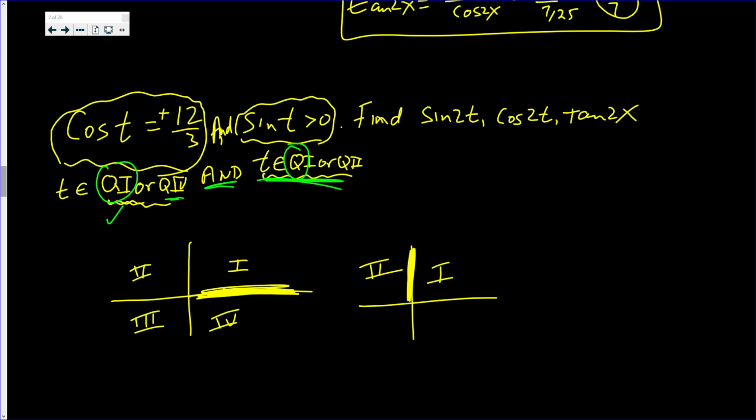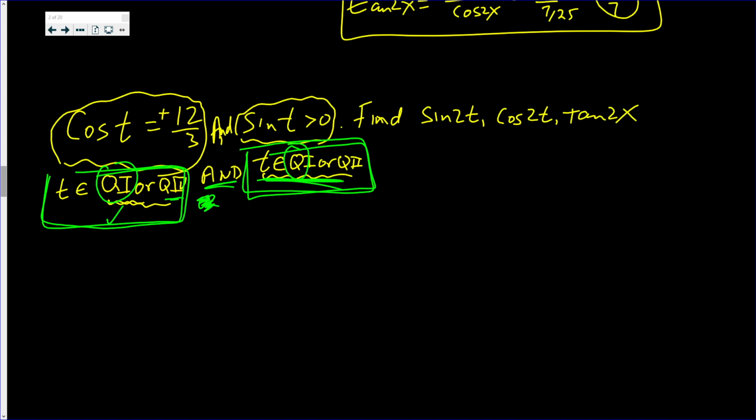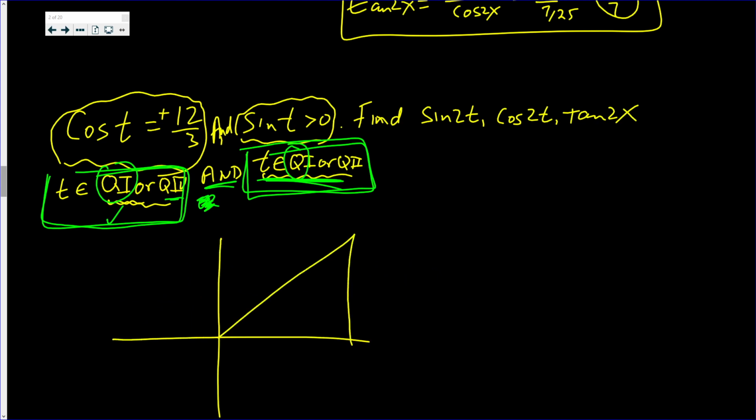For and to be true, this must be true and this must be true. Or is different. Or means one of these must be true or both. And means they're both true. So we are in quadrant 1. Okay, so that made things a bit easier. t is in quadrant 1.